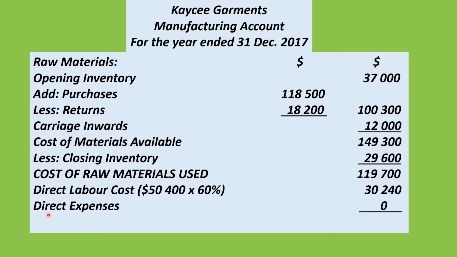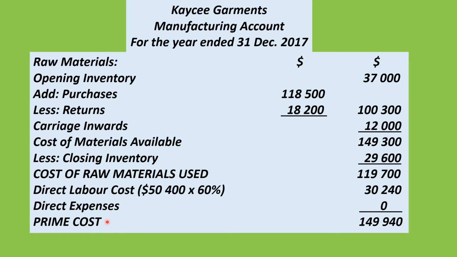I have included the direct expenses here so you can see where it goes to make the example comprehensive. This problem itself does not have direct expenses, but if you get it in your exams, this is where it will go. You must add on all the direct costs to get the prime cost, right?